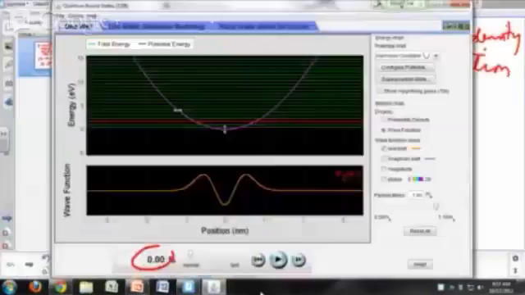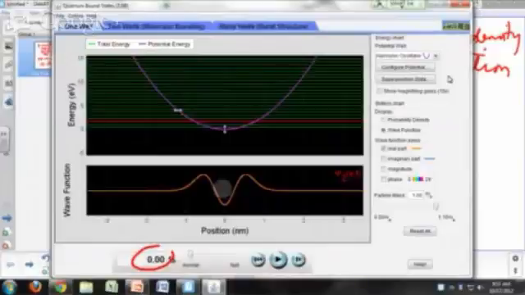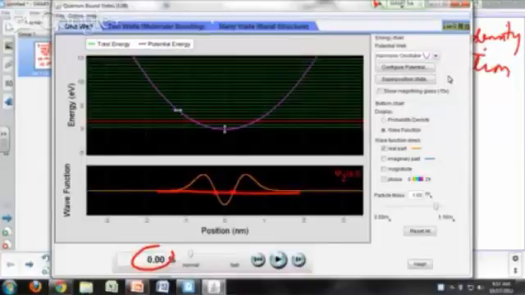Again, you have an even function, and this time you have two nodes that are equidistant from the origin. On either side of the origin, you have one node. So you have two nodes total. So the number of nodes will just be equal to whatever the quantum number v is, because that's the degree of the polynomial in your expression for your wave function.